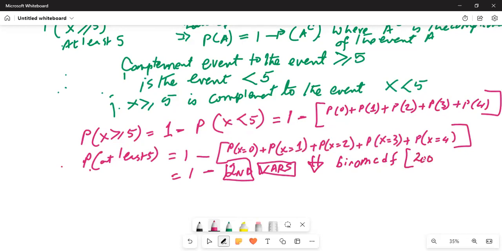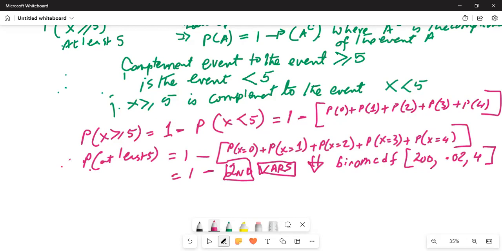Remember, n is 200, and probability of success of finding a defective is 0.02, and we want to add up to 4. So n is 200 number of trials because we have 200 pens in the box. Probability of finding a defective pen is 0.02, and we are adding from 0 to 4. So the last number is 4. So trials is 200, p is 0.02, and we are adding up to 4. Then we paste, enter, and enter.